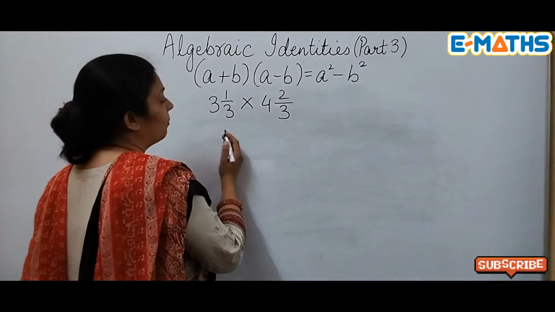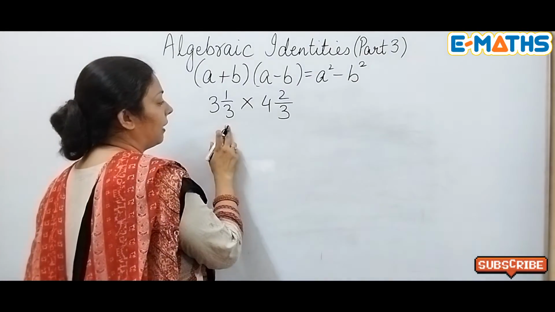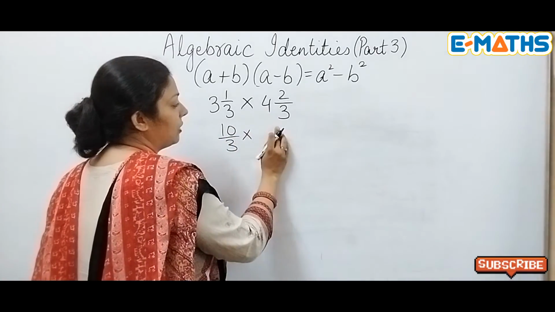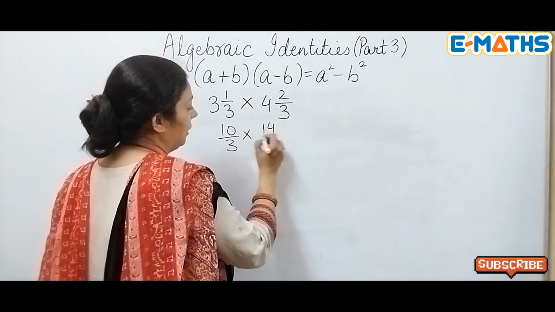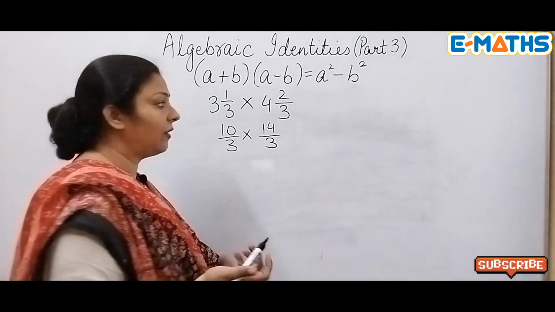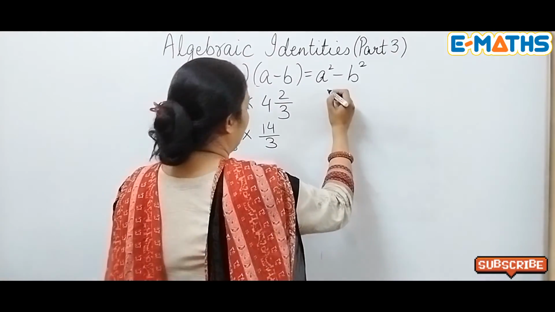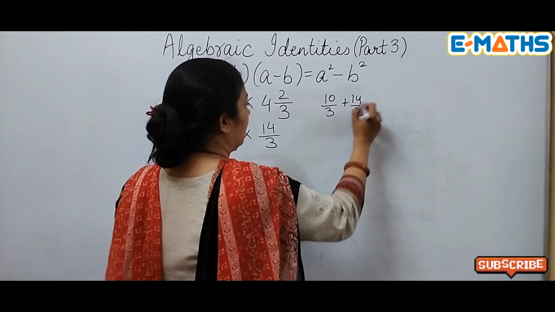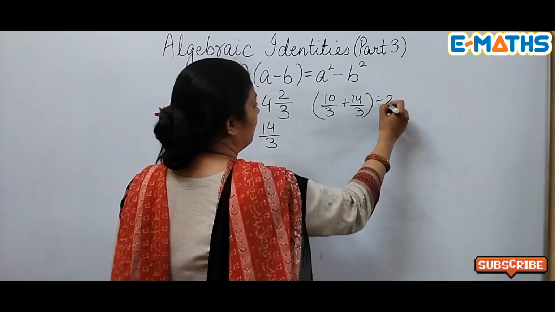First write this in the form of an improper fraction. So 3 3s are 9 plus 1 is 10 by 3, and 4 3s are 12 plus 2 is 14, so here we get 14 by 3. Now to find the value of A, you are going to find the mean. That means you will sum these up and divide by 2.